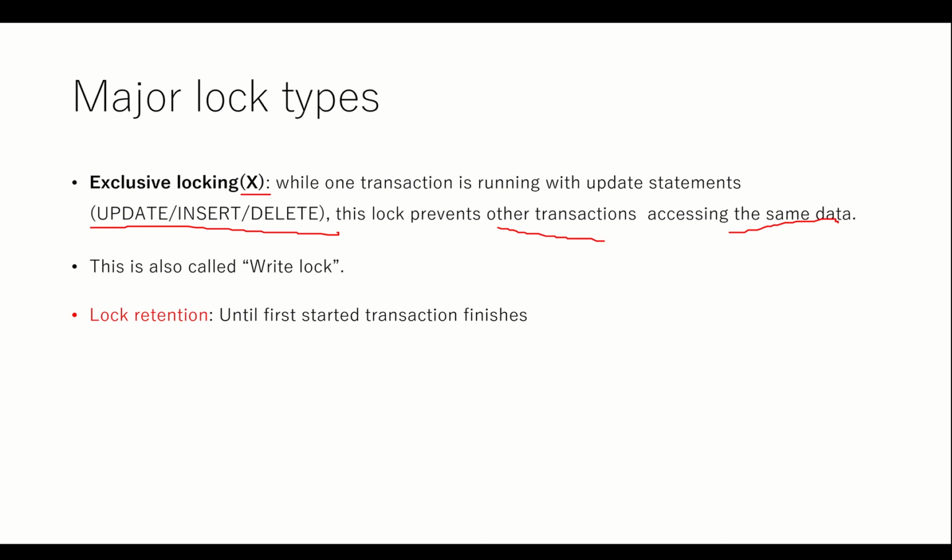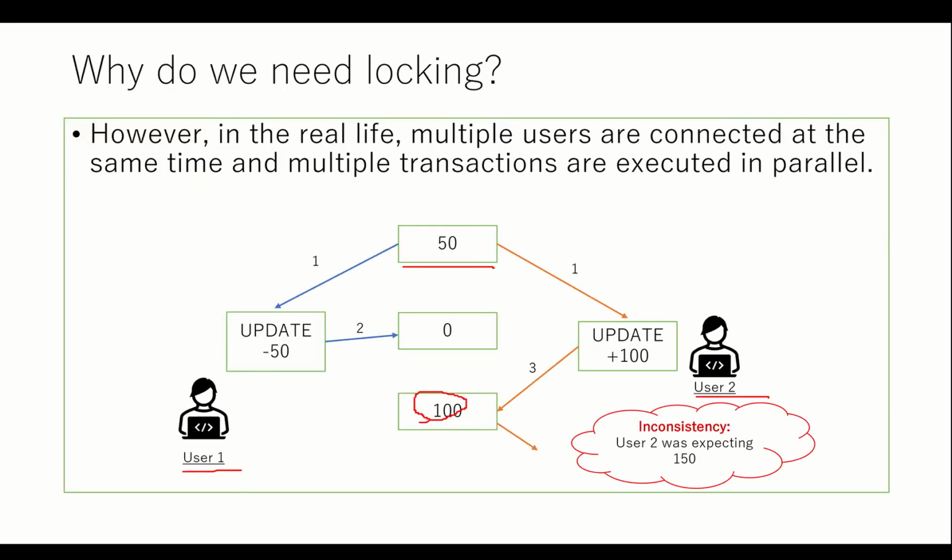This is also called a write lock because this lock is used when updating the data. This lock is retained until the first started transaction finishes. So let's, for example, in our previous case, an exclusive lock can be used here also. When user 1 accesses the data, an exclusive lock is used on this data.